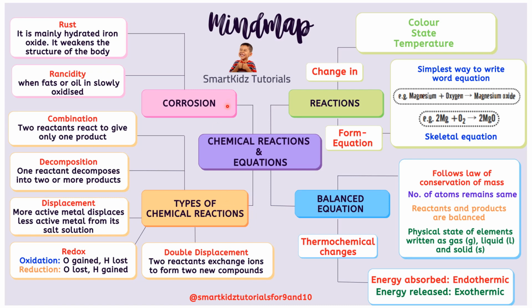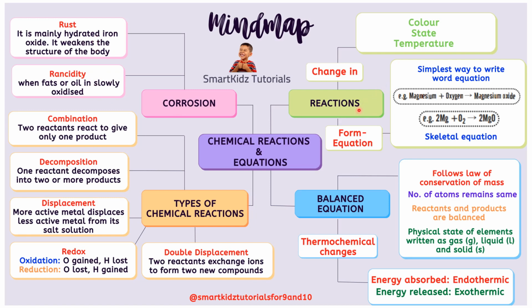And we speak about the applications, or how in day-to-day life we encounter certain reactions, that is rancidity and rust, parts of redox reactions. So first we begin with the reactions.